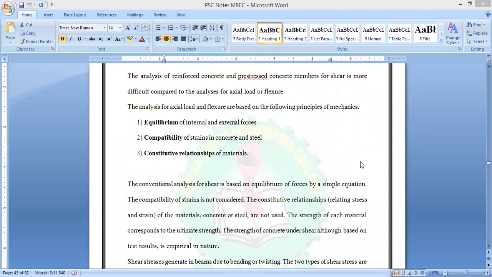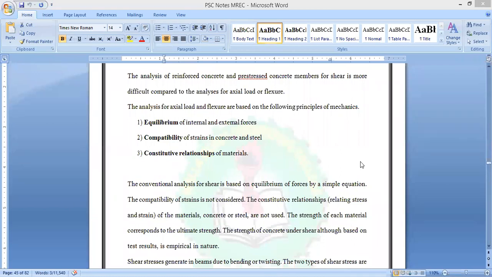So based on the equilibrium of vertical forces, the conventional analysis is used to analyze the members towards shear.